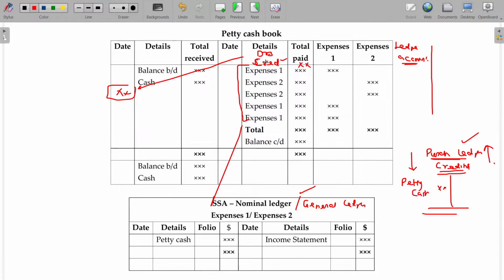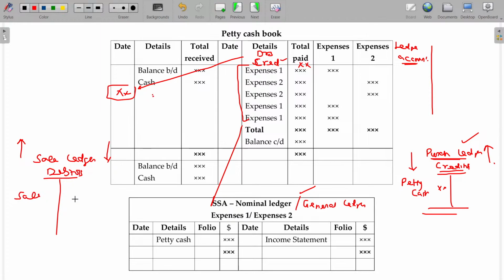Similarly, if you are receiving the money from debtors, that will be called sales ledger. In that sales ledger, the debtor's name will be recorded. Whenever the debtor balance increases, it should be posted in the debit side, left hand side. If it is decreasing, it should be posted in the right hand side. When the value is increasing, it is credit sales. When it is going to be reduced, it is on payment.